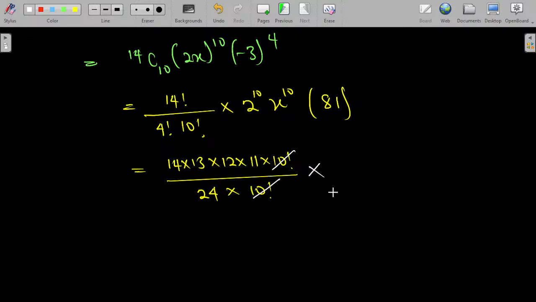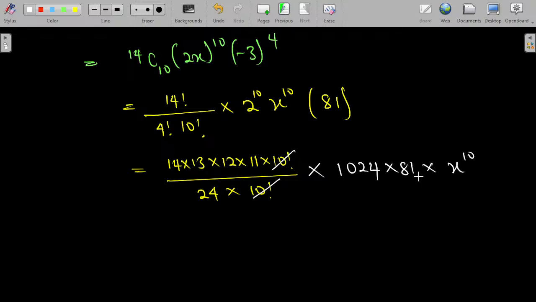Then you have 2 to the power of 10 multiplying your 81. What is 2 to the power of 10? Let me try to get that. 2 to the power of 10 is 1024, then multiplied by 81, then multiplied by x to the power of 10.